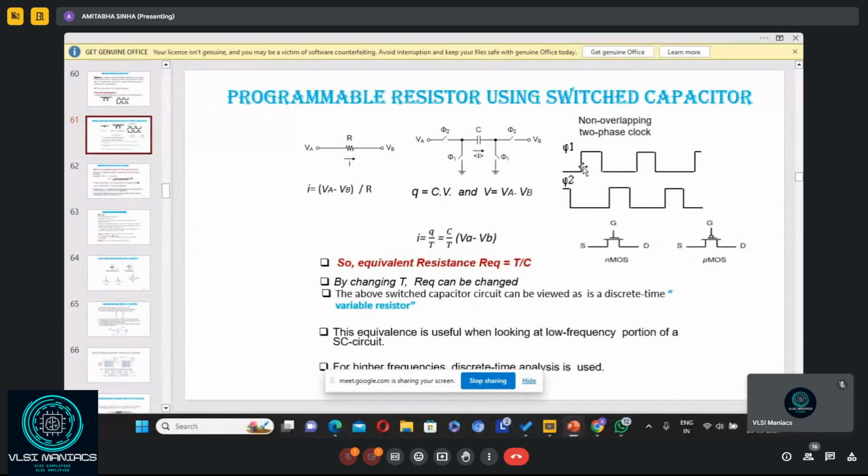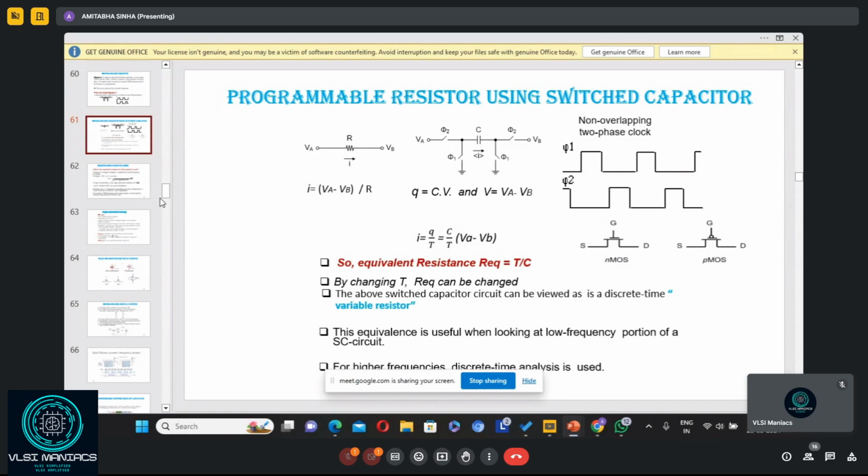Again, the clock pulse, what should be the on period of phi 1 or phi 2? That also depends on the capacitor. For example, let's say phi 1 is high for a very small period, still the capacitor is not charged. Then the entire mathematics will be wrong. So your capacitance value is also very important, isn't it?